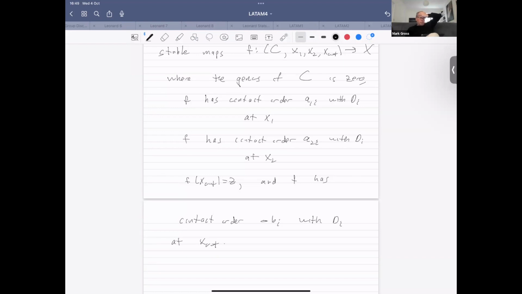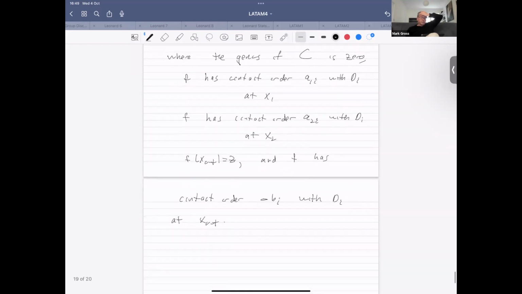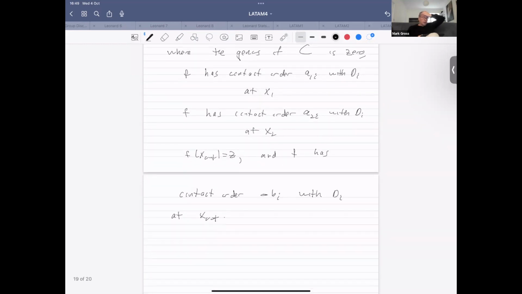Okay, what does this mean? Well, let's start with a big problem. So what is contact order?